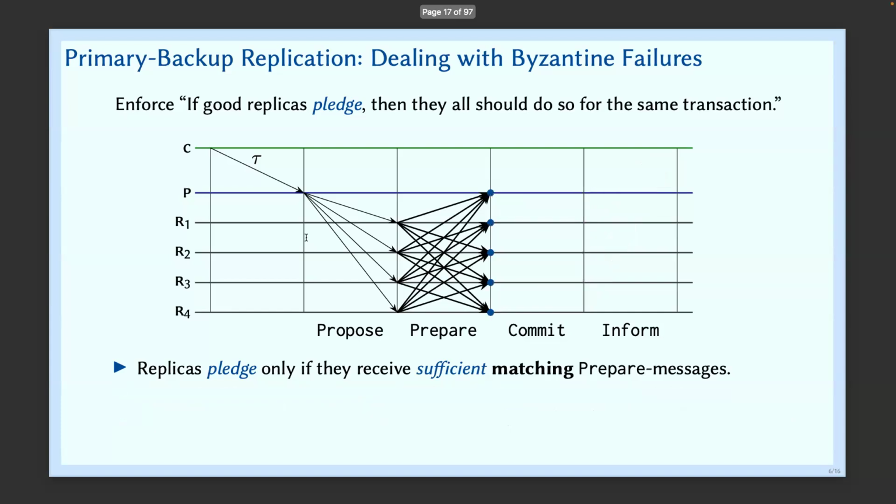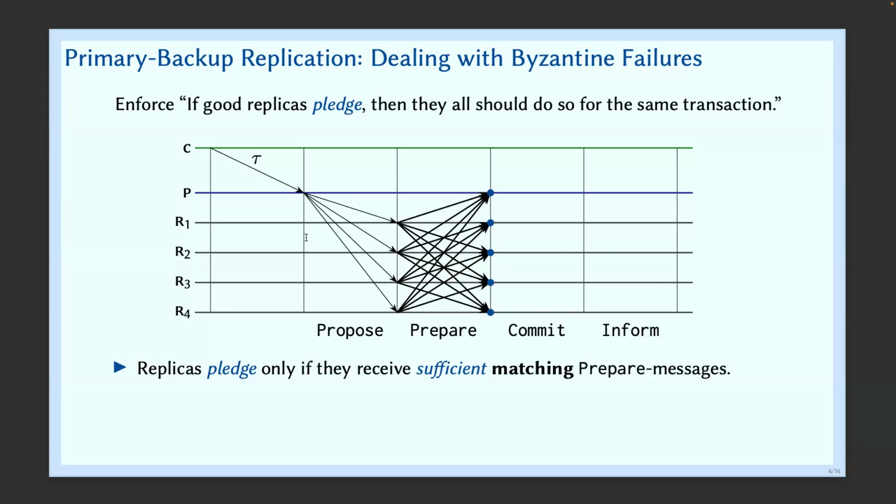Now let's go back and stop here for a moment. Who wants to start us off? What do we gain in the prepare phase? The majority of the replicas receiving the same message. Which message?